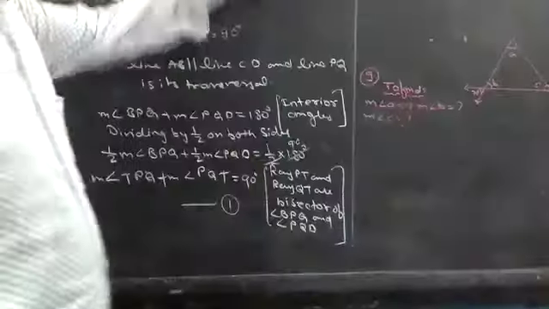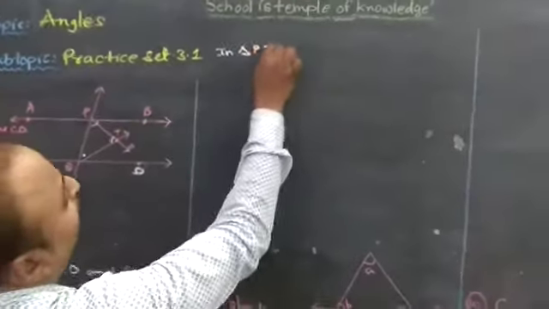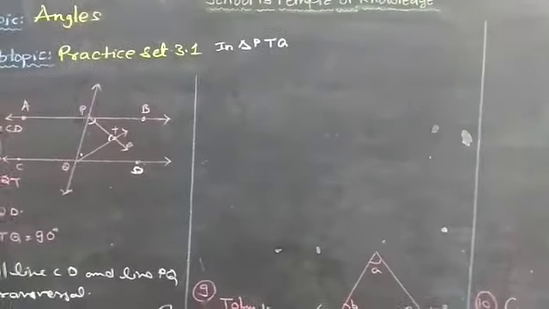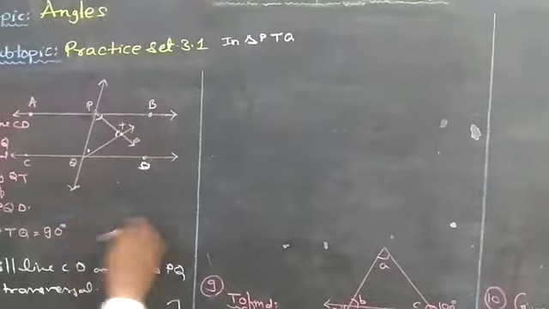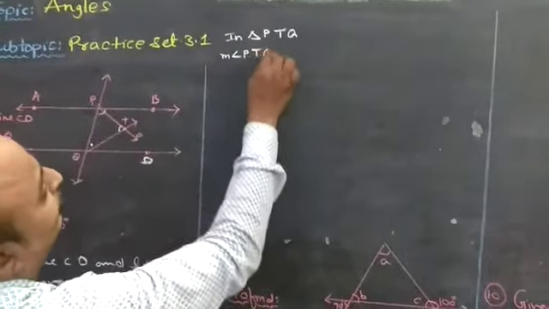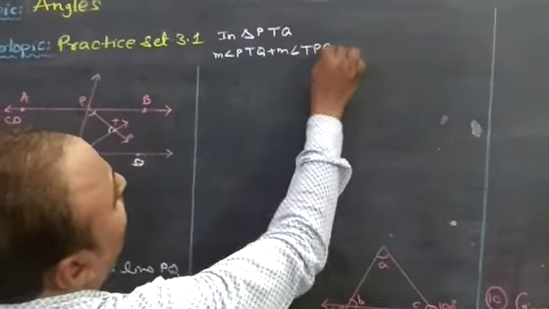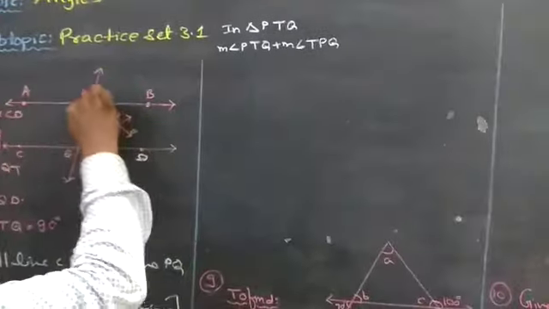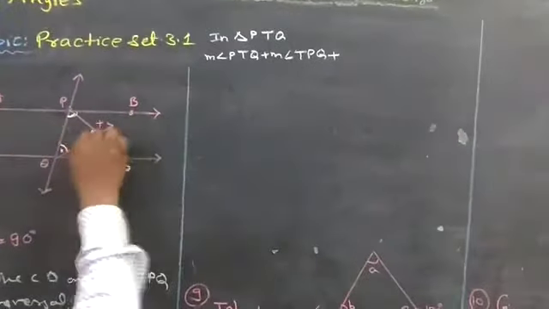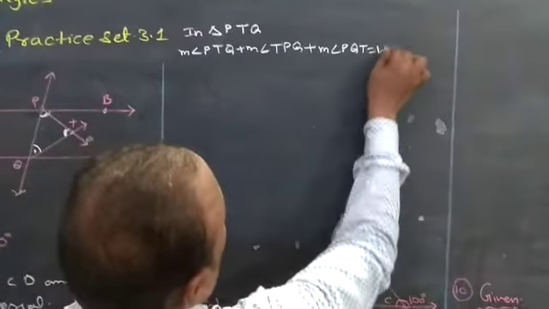Now consider this triangle. In triangle PTQ, we know well that the sum of the measures of all the angles of a triangle is always 180 degrees. So I am going to add all three angles. Measure angle PTQ plus measure angle TPQ, first this angle, now this angle TPQ, and finally this third angle PQT is equal to 180.